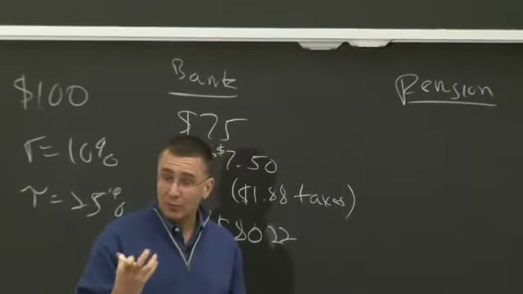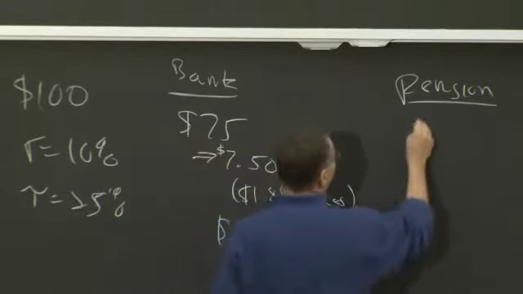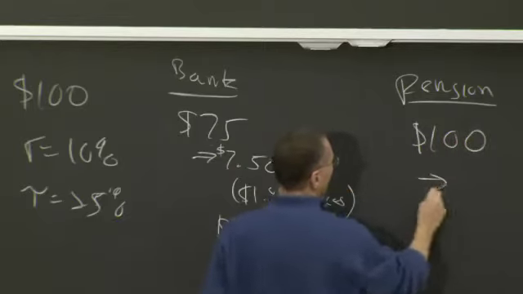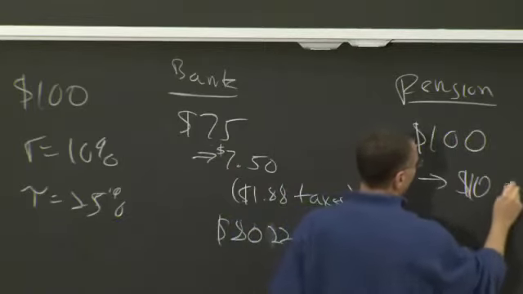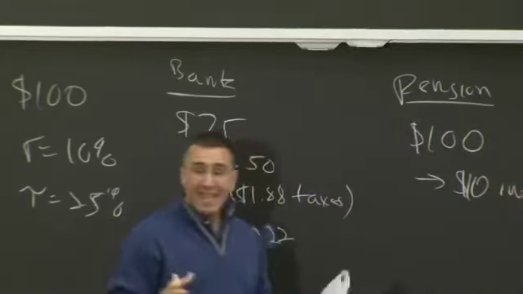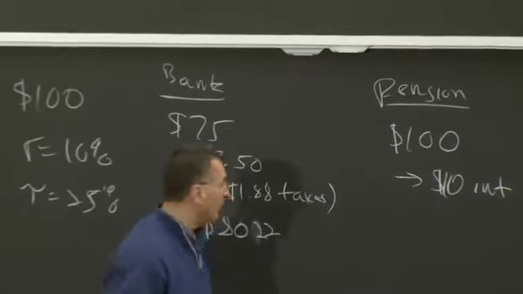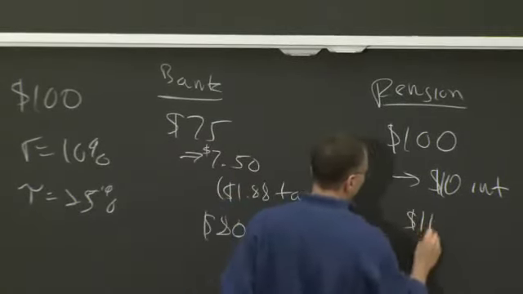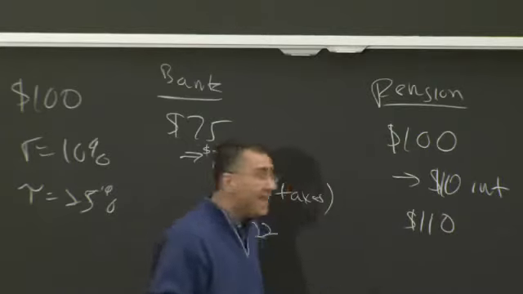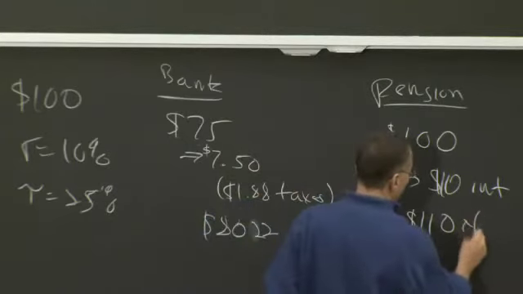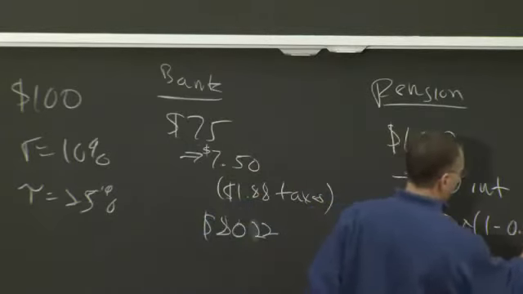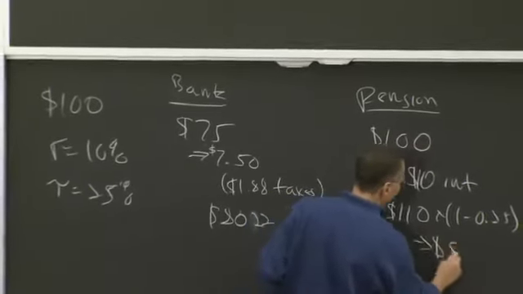Now, if instead he asks the employer to hold it aside as a pension, then he gets the whole $100, and that gets saved at 10%. So he earns $10 of interest. At the end of the year, when he gets the pension payment from the employer, he gets $110. That is then taxed at 25%, and he ends up with $82.50.